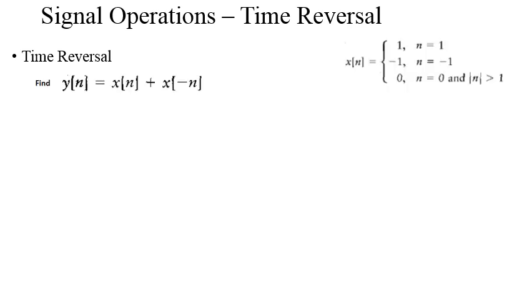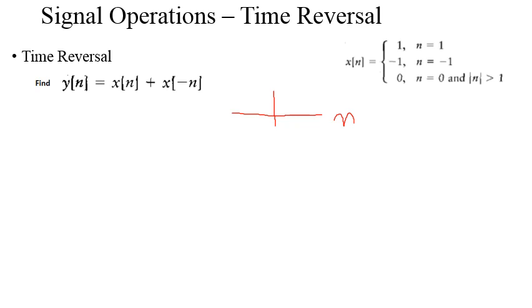So to find y of n, first let's plot the signal x of n. So x of n will be something like this, your independent variable n, right? This is the n axis, and the values of the signal will be along this axis.